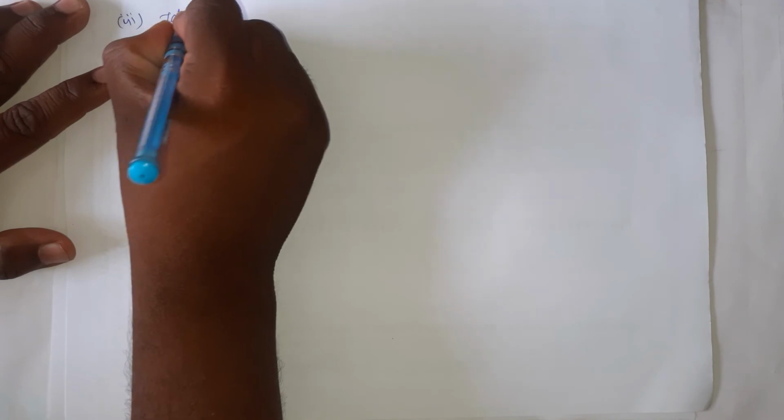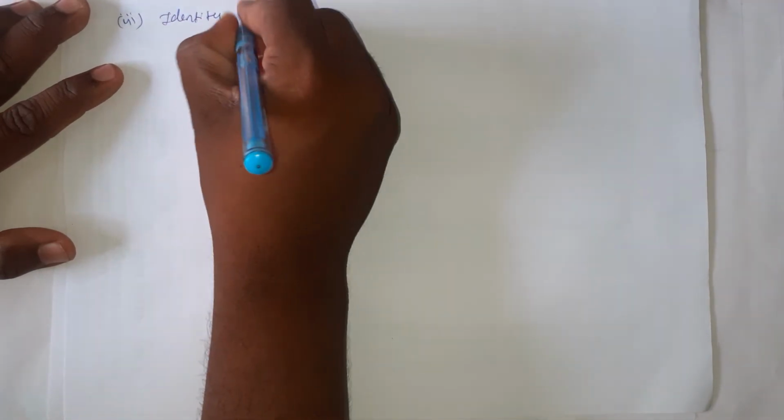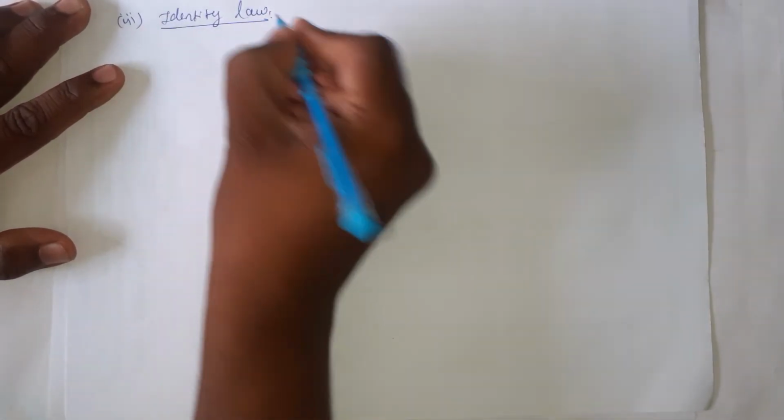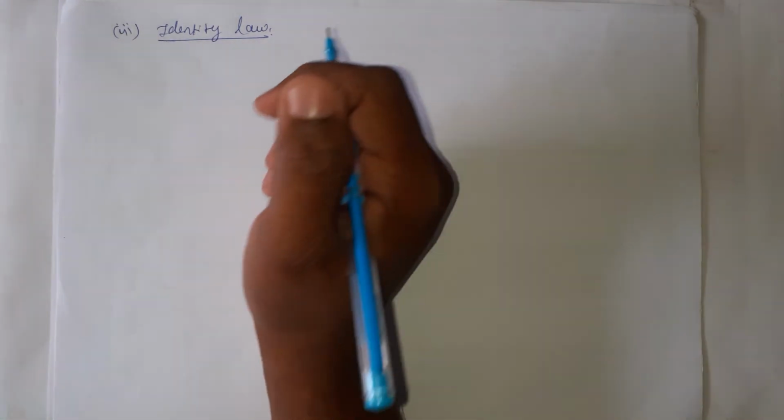Then the third law is the identity law. Here we can find the identity element with respect to the given binary operation. Since the binary operation is multiplication, then 1 will be the identity element, and that 1 is in the given set. So no need to bother, the identity law will be satisfied easily.